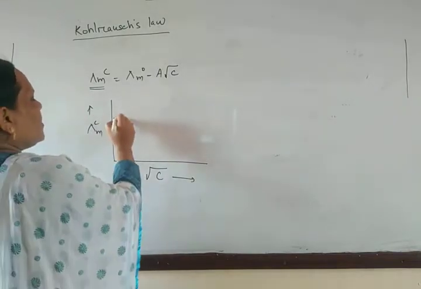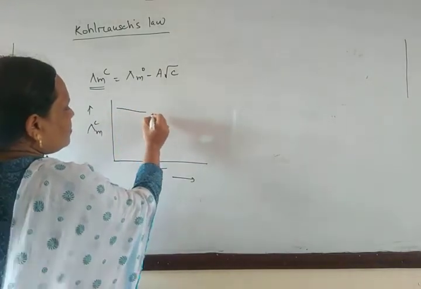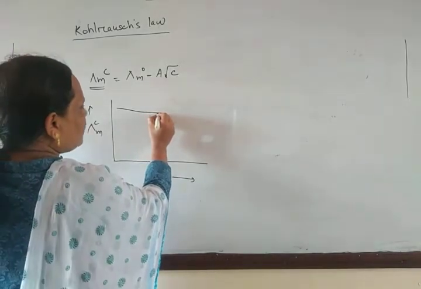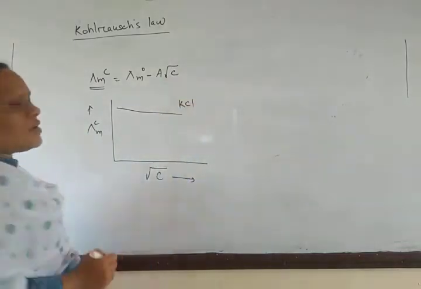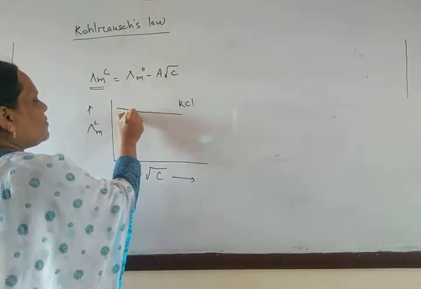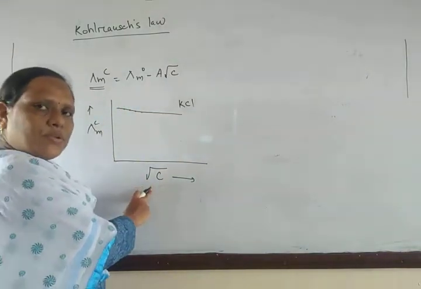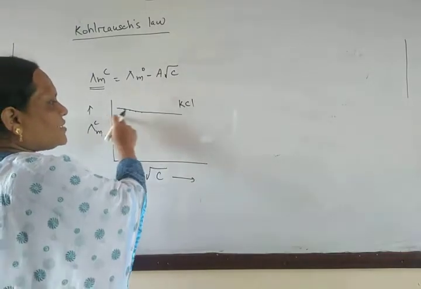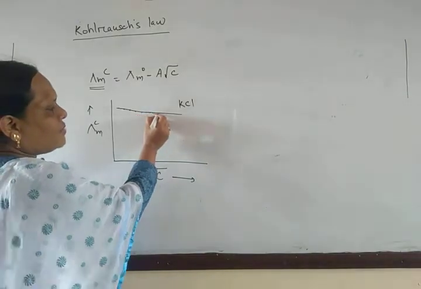Suppose an example of a strong electrolyte, potassium chloride, is taken. When we draw the molar conductance against the square root of concentration, we get this type of linear line.